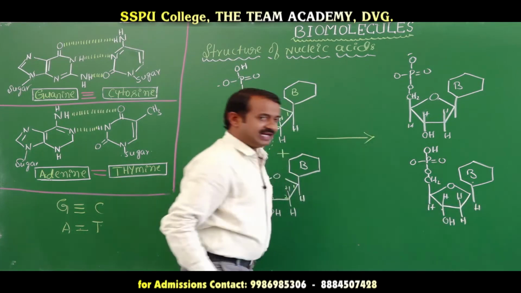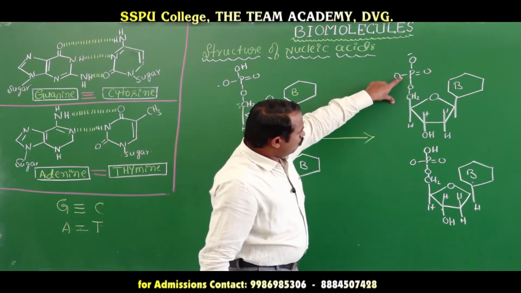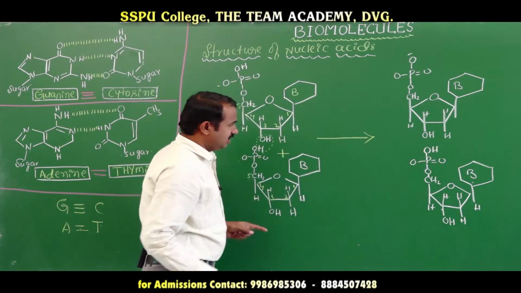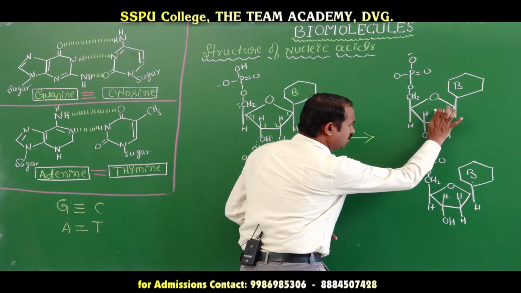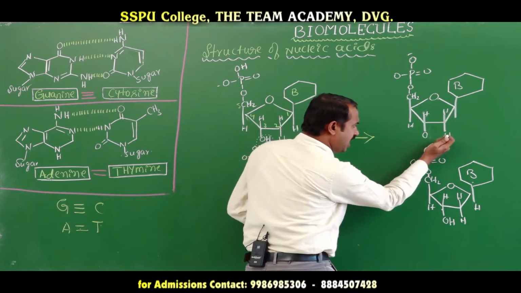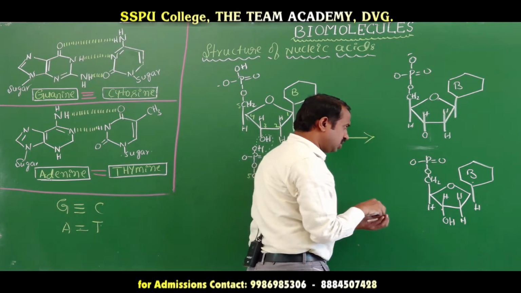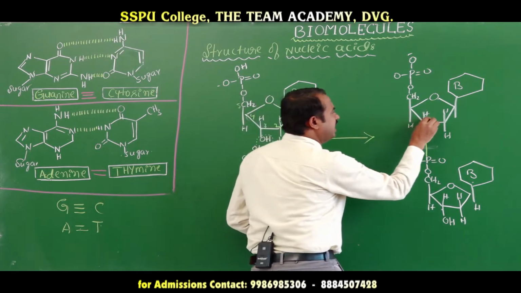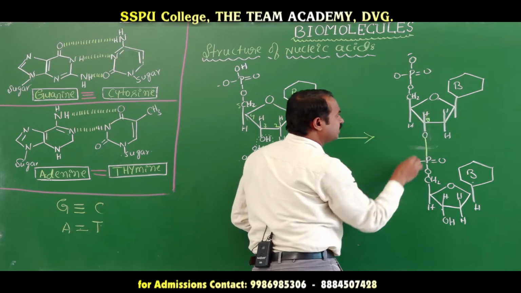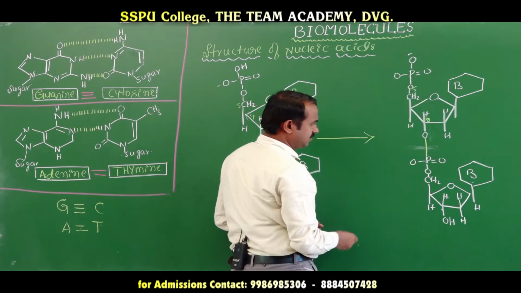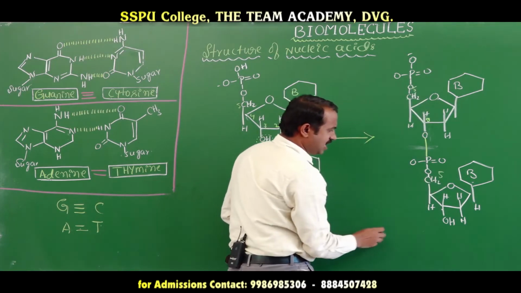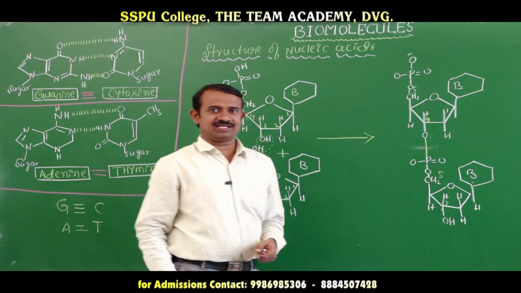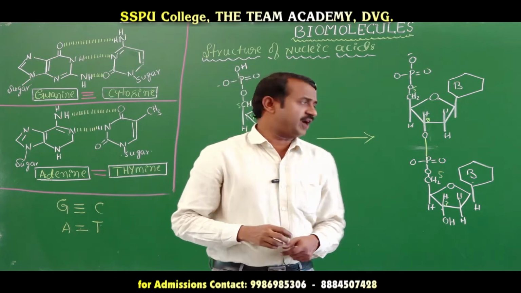Listen carefully. Here one nucleotide, another nucleotide. Inter-elimination of water molecule, here hydrogen and here hydroxy compound. The bond linkage between C3 and C5, C5 and C3, and C5, C3, that is called 3' and 5'.